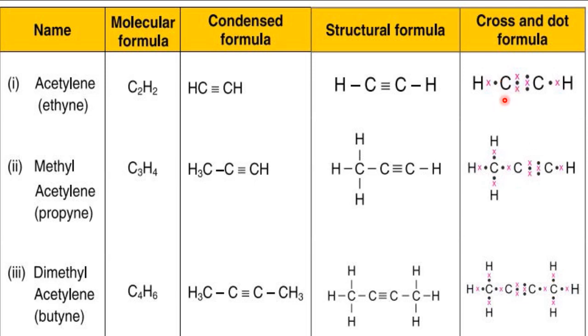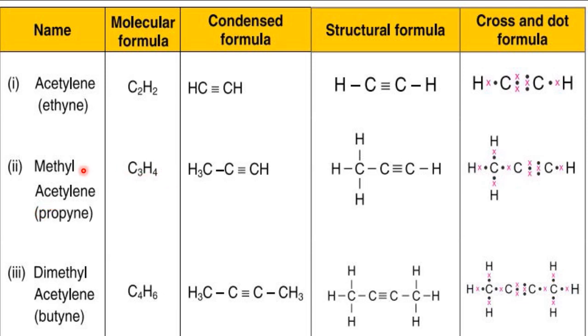Now the next compound is methyl acetylene. Methyl acetylene means 3 carbon atoms. For 1 carbon we use the word meth. For 2 carbons we use the word eth. And here we have 3 carbon atoms.